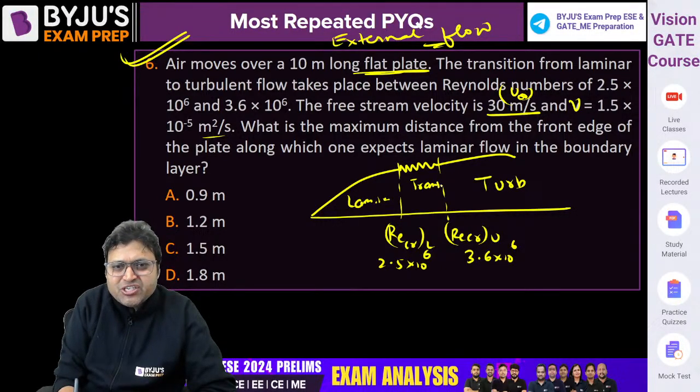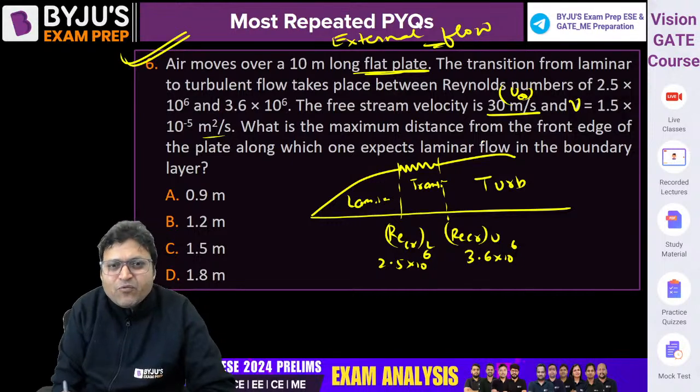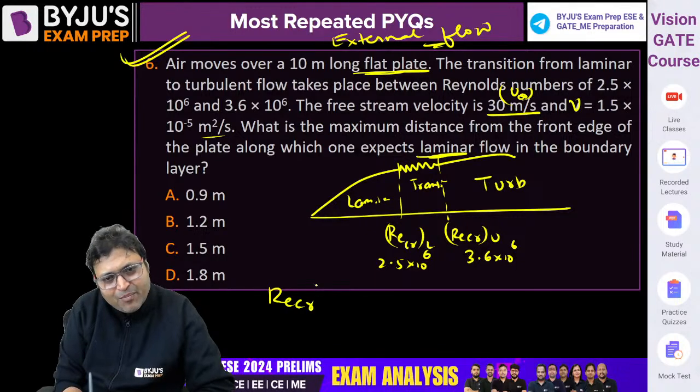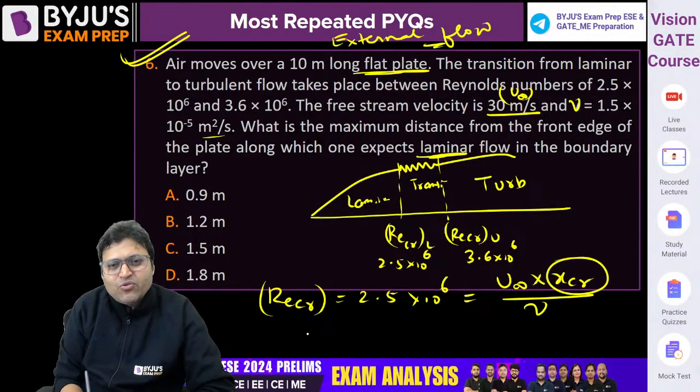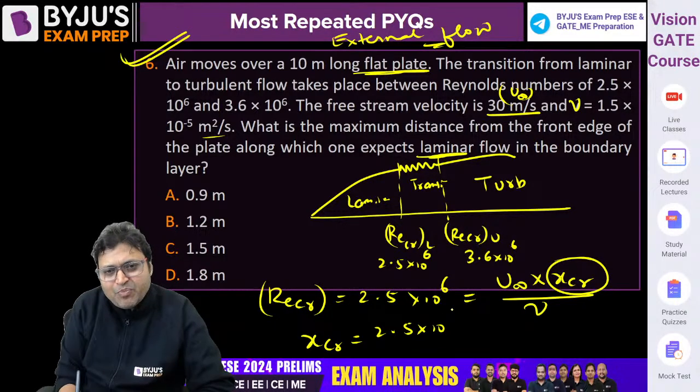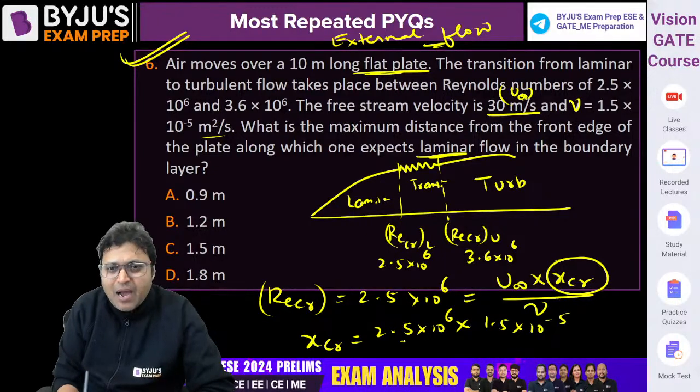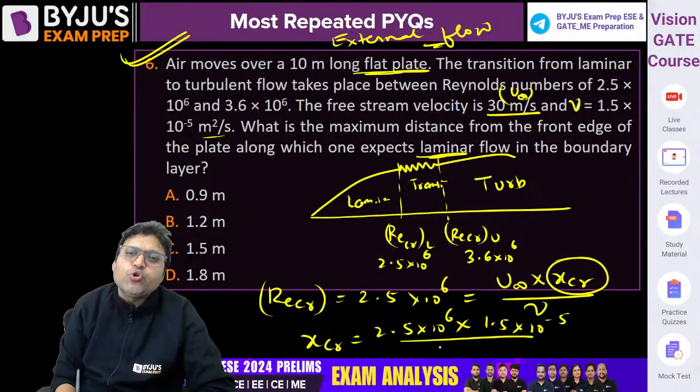So if we want the boundary layer to be laminar, the critical value of Reynolds number 2.5 into 10 to the power 6 is equal to U infinity into critical value of X upon kinematic viscosity. The question is to find out XCR: 2.5 into 10 to the power 6 into 1.5 into 10 to the power minus 5 upon U infinity.